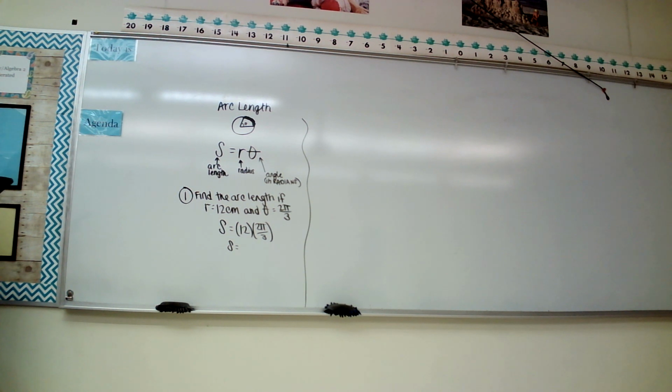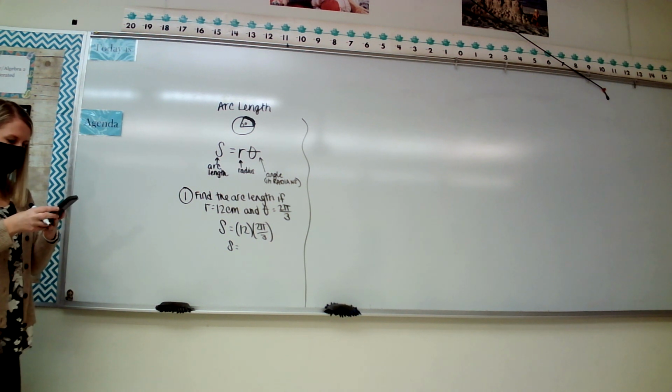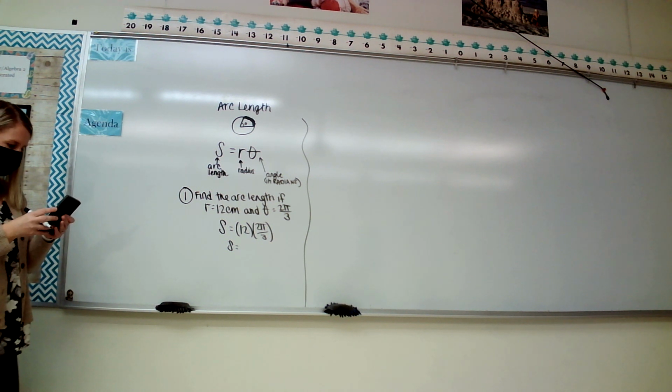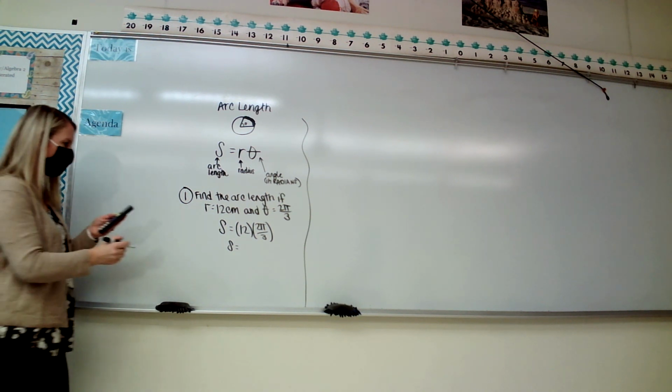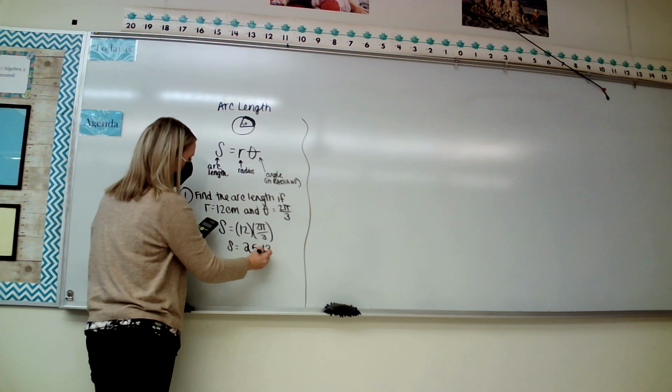Mine's above something else, so I have to hit the shift button. But I can come help you in a second. Let me tell you what the answer is. Hold on, sorry, I like to use parentheses just to make sure I'm correct. It should come out to 25.13-ish.